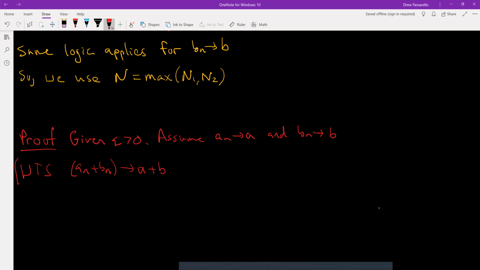That's if and only if for all epsilon greater than 0, there exists some capital N, so for all little n bigger than capital N, we have the absolute value of the difference of An plus Bn minus A plus B to be less than epsilon. That's what we're trying to show.